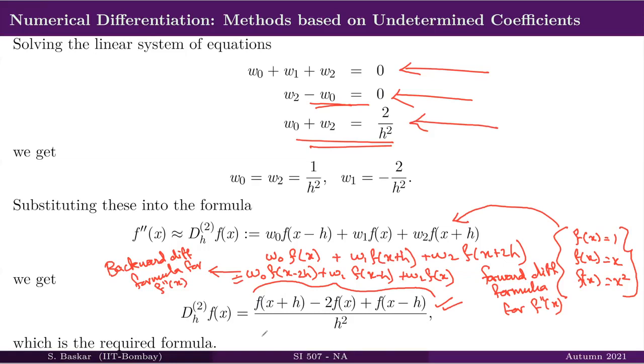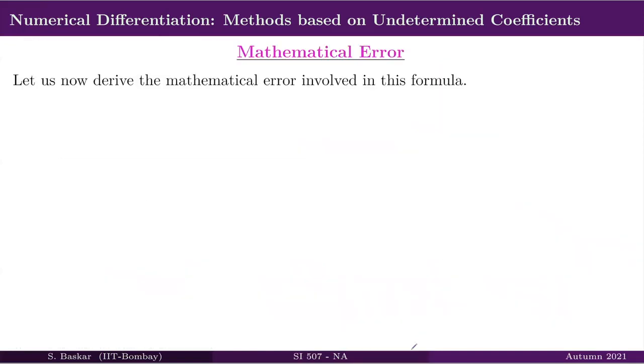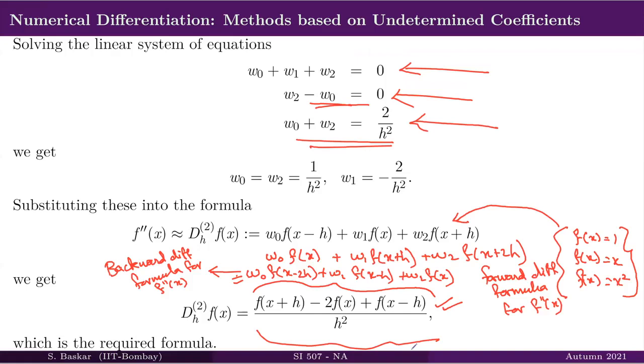Let us go ahead with our central difference formula and try to derive the mathematical error for it. As I mentioned in the previous lecture, the general idea of deriving the mathematical error for not only the central difference, but for any finite difference method, is that you expand the terms in Taylor form and substitute them into the formula.